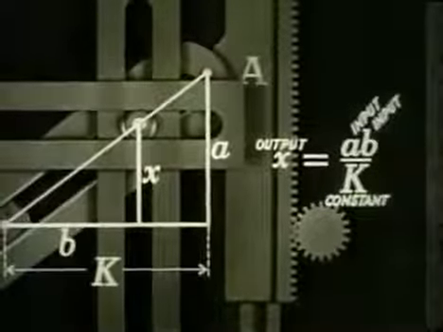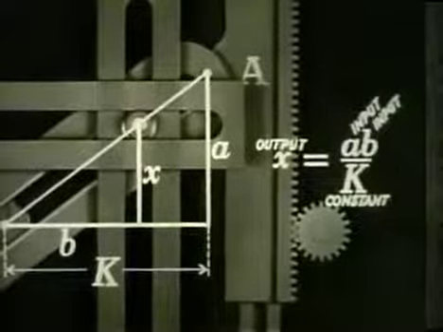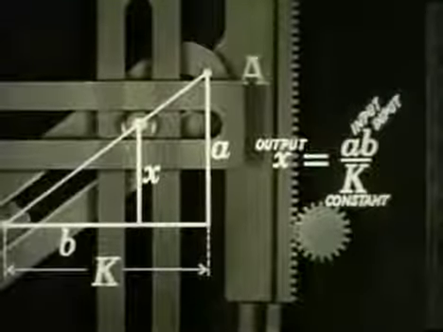Distance K is always a constant value in each multiplier, and its effect is taken care of by proper choice of input and output gearing.